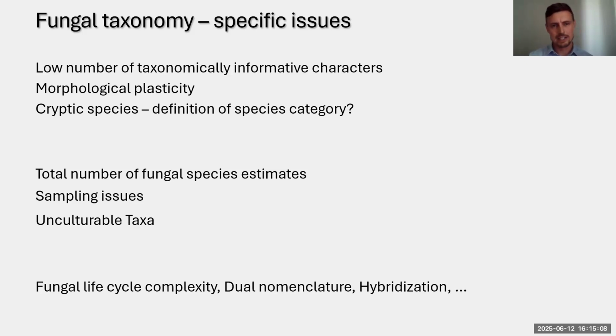But the other issues mentioned here, I believe they can be clustered into two sets of issues. The first set is concerning the taxonomic characters, or taxonomically informative characters, like phenotypic or specifically morphological data.